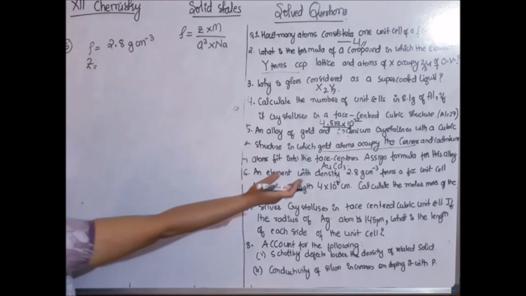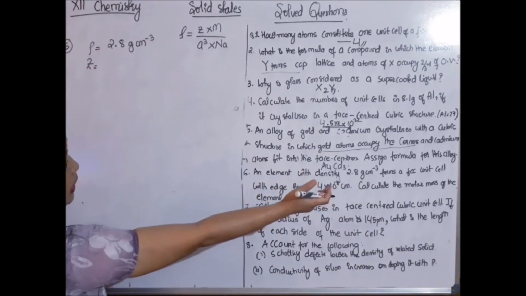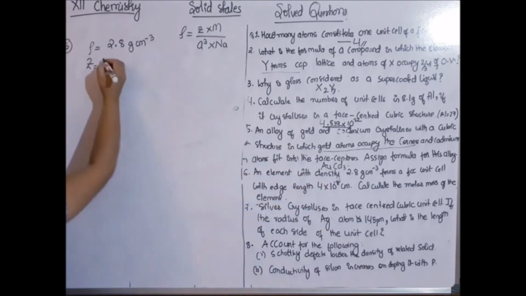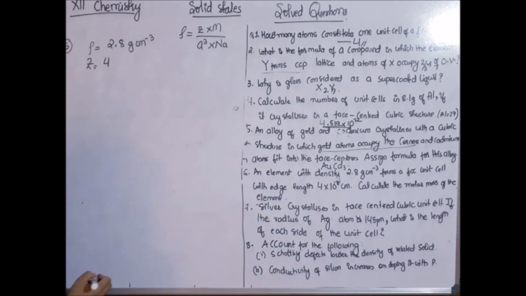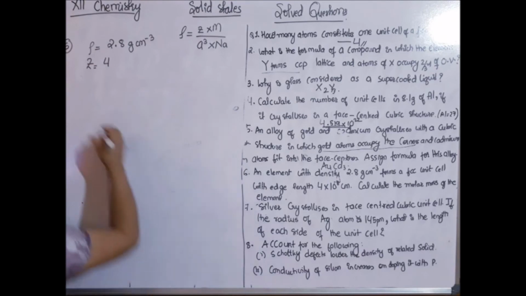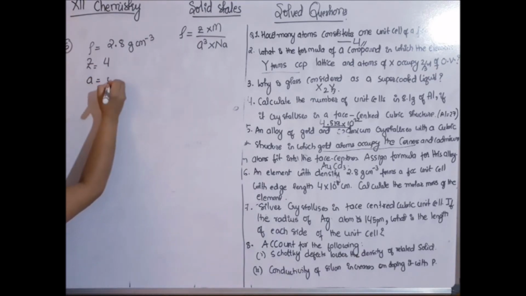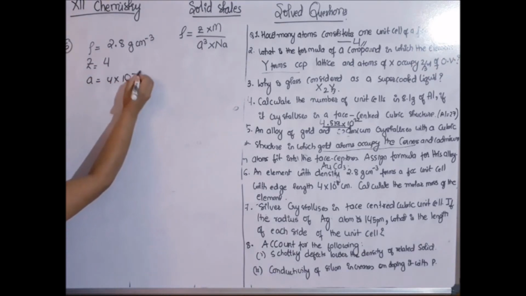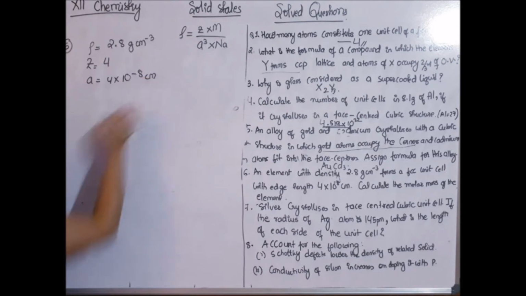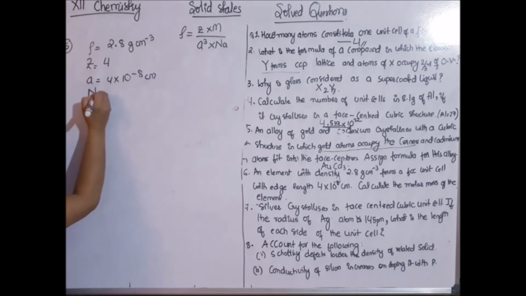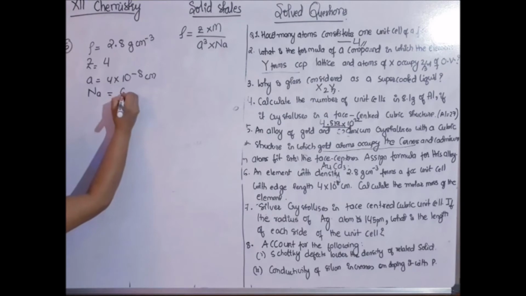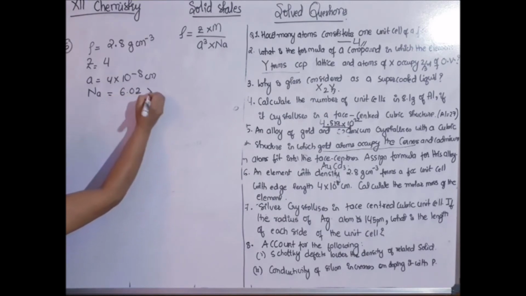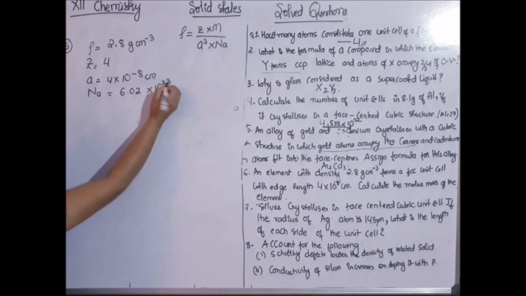So Z, since it forms your FCC unit cell, so Z is how much? 4. Okay, sir. Now edge length dekho cha 4 into 10 to the power minus 8 centimeter. Okay. Now we know Avogadro number, right? So this is equal to 0.0623 into 10 to the power 23.